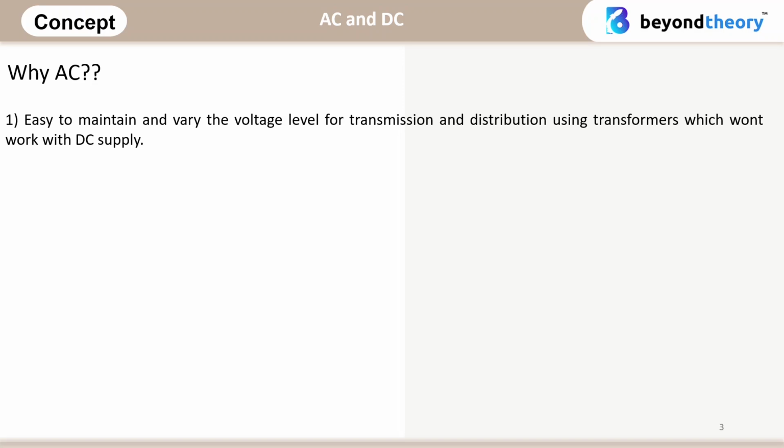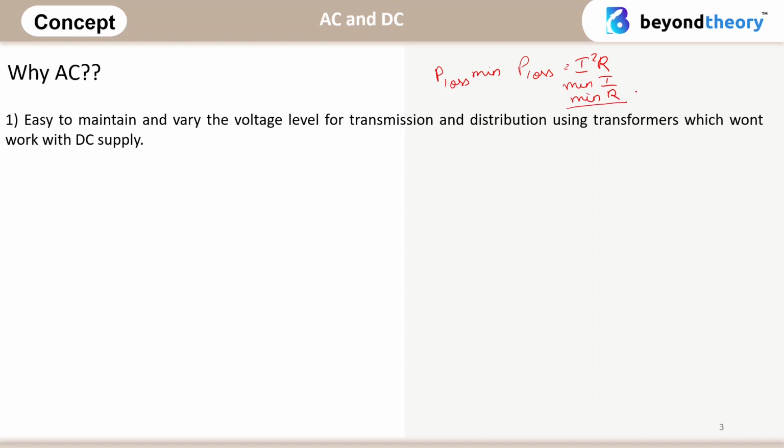Now we know that power loss is given by I square R. In order to ensure that the power loss is a minimum when transmitting over large distances, it is important that we keep either a low current or a low resistance.